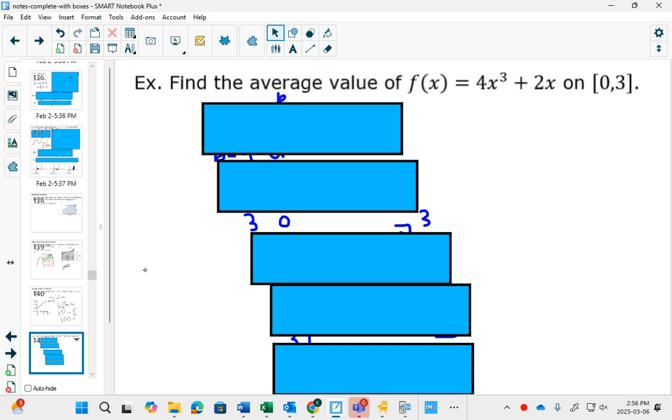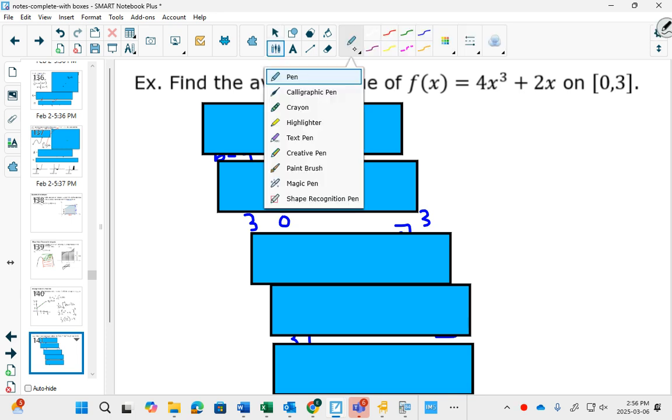So now we'll do one with different values. What do you have to have memorized?